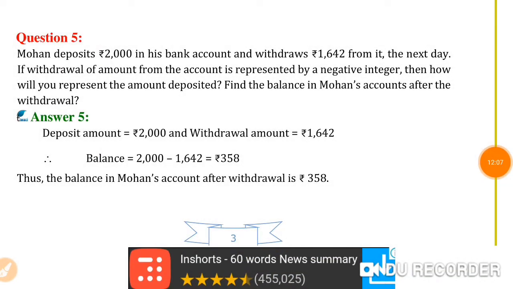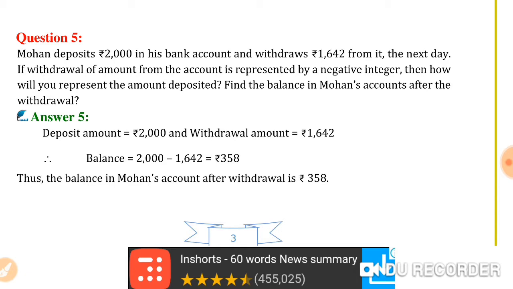Now go for the fifth question. Mohan deposits. Deposit means it is positive. Withdraw means it is negative. Consider his bank account, and he withdraws 1642 rupees from it the next day.